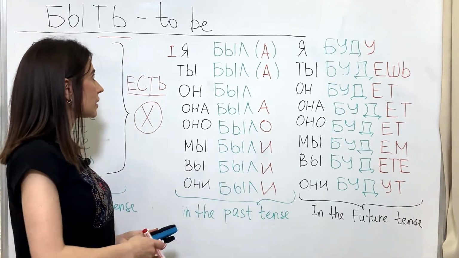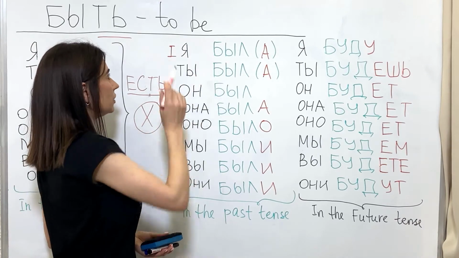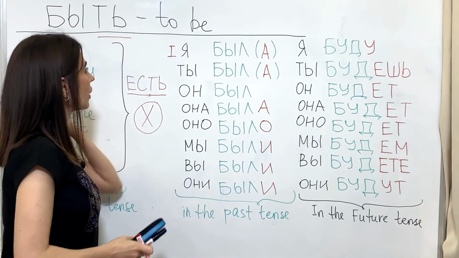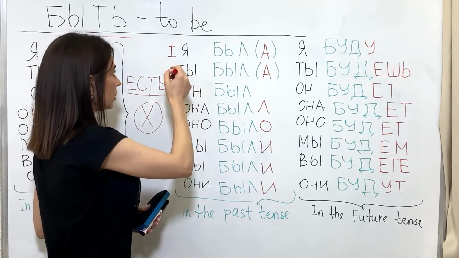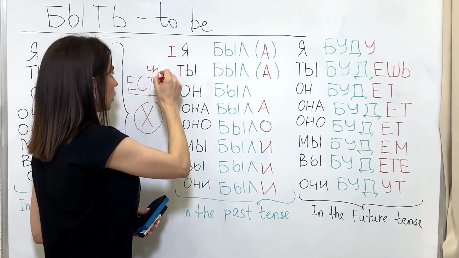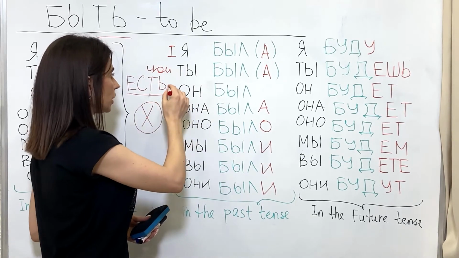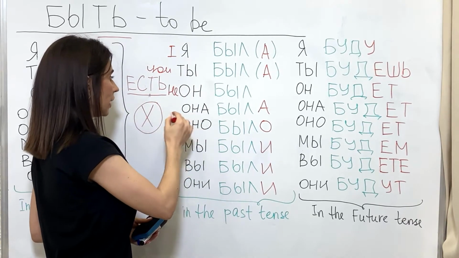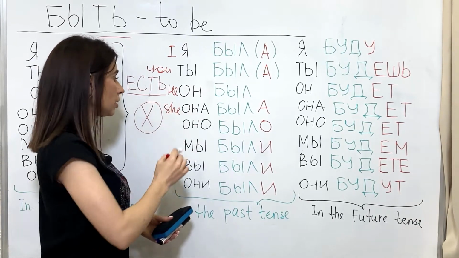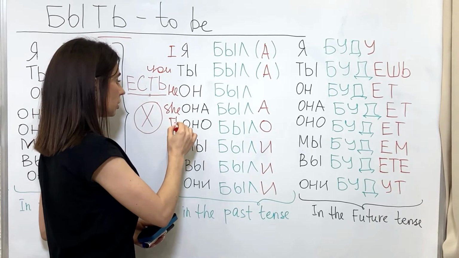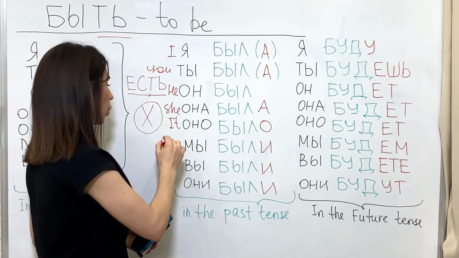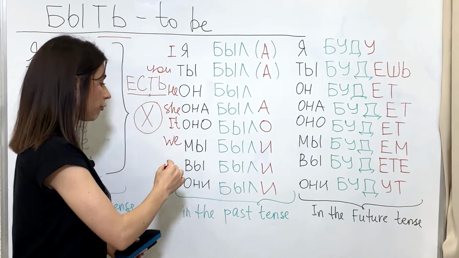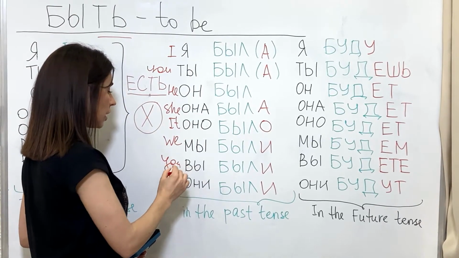In past, like here: я, I; ты, you; он, he; она, she; оно, it; мы, we; вы, you; and they.